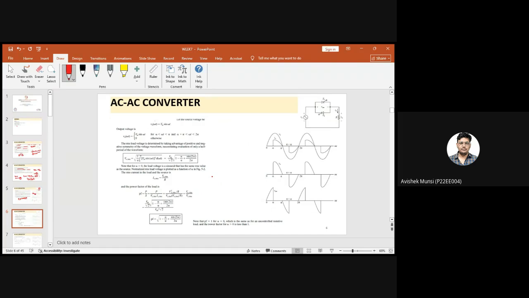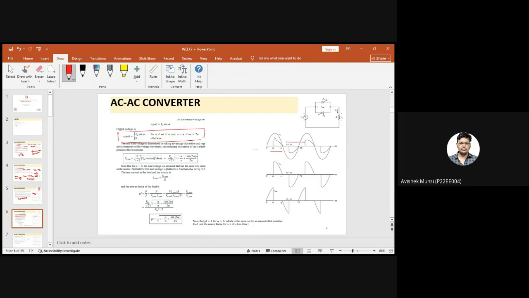Now we have to calculate the basic equations. Considering the waveform, it is clear that it is on from alpha to pi and then pi plus alpha to 2 pi.